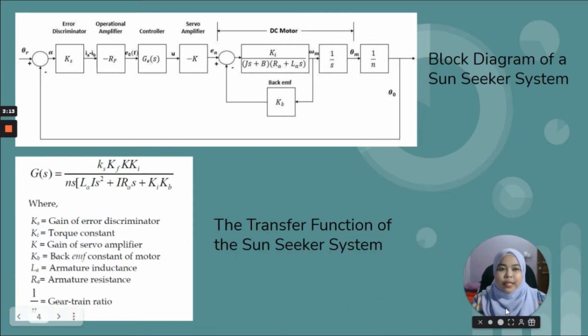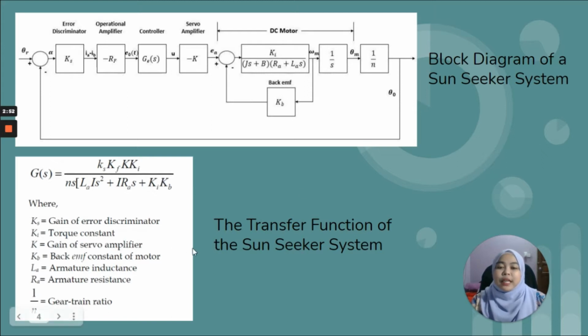So this is the block diagram of a Sunseeker system, where it has an error discriminator, operational amplifier, controller, servo amplifier, DC motor, and also the feedback back EMF.